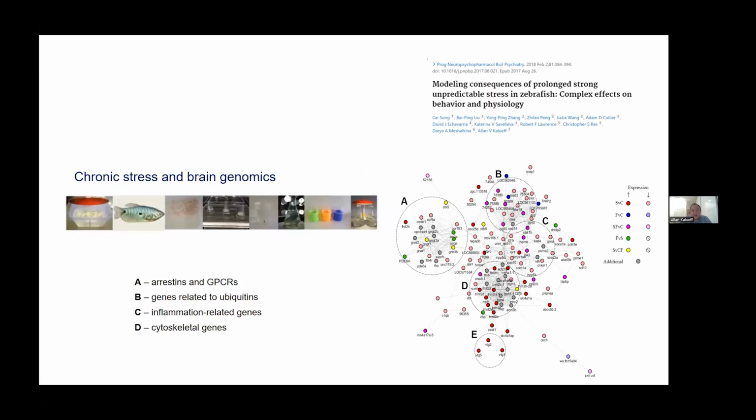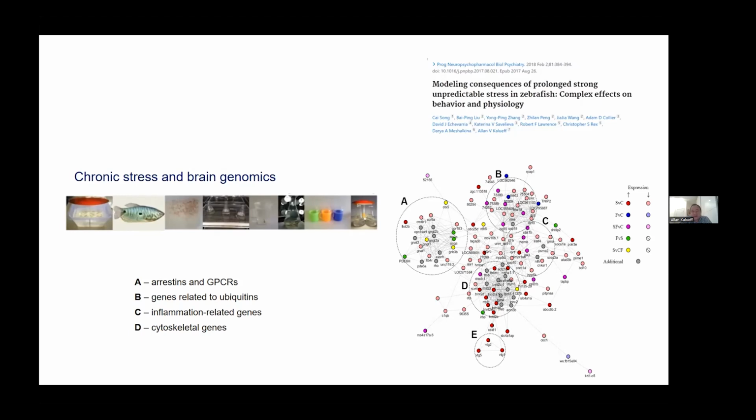Here is an example of applying a chronic stress protocol to probe the brain genomics, identifying several important clusters of telencephalic genes that are differentially expressed in zebrafish, including arrestins and GPCRs, that is cluster A, the genes related to ubiquitination, cluster B, the inflammation-related genes, that is C cluster, and the cytoskeletal genes.